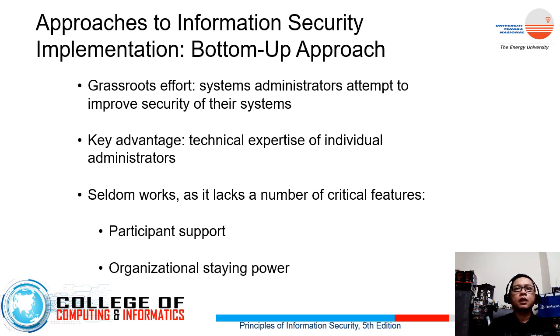Then you communicate with your management. But for that to work, you must have a proper management process, meaning the management must be open to that particular suggestion and option. So this is the bottom-up approach.